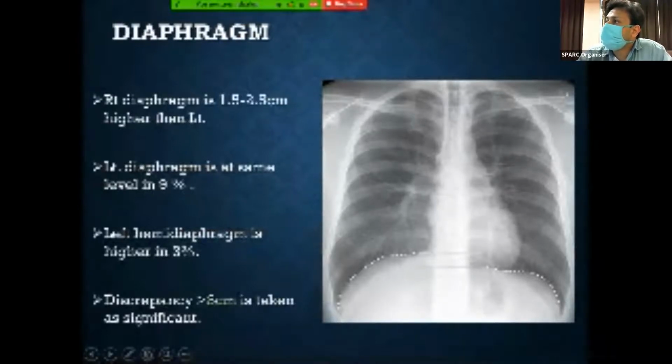After seeing the CP angle, that is the costophrenic angle, we see the diaphragms. Normally the right diaphragm is slightly higher than the left diaphragm in most cases, though sometimes they are at equal level. If there is any discrepancy of more than 3 centimeter between the two diaphragms, that suggests an elevated diaphragm, and we have to investigate the cause of that.